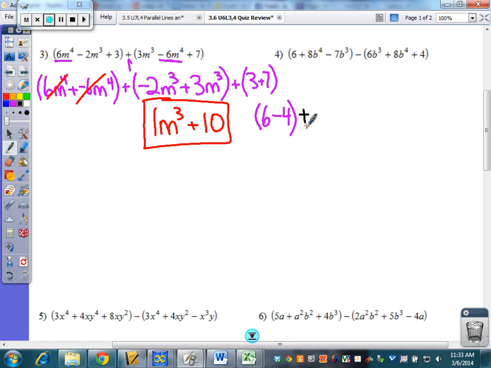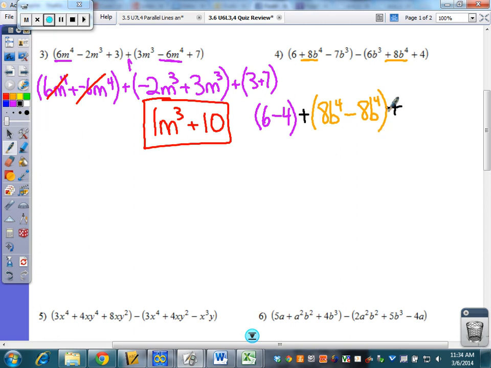And then we'll add that to 8b to the fourth minus a positive 8b to the fourth.